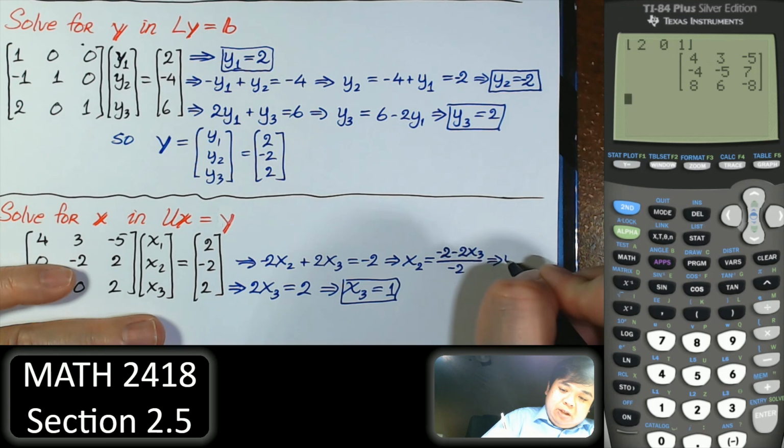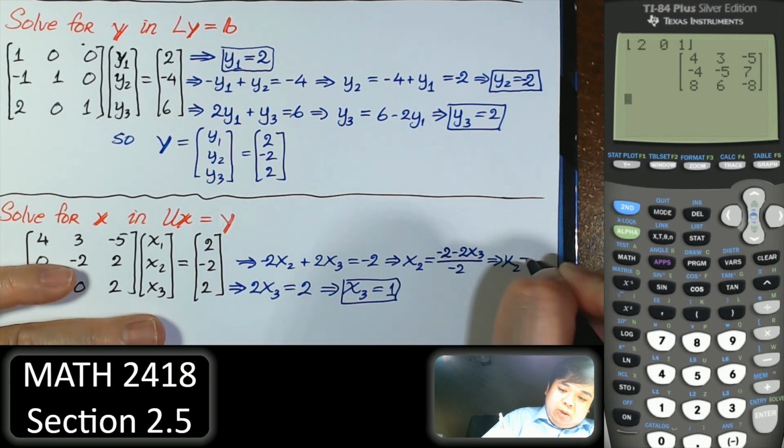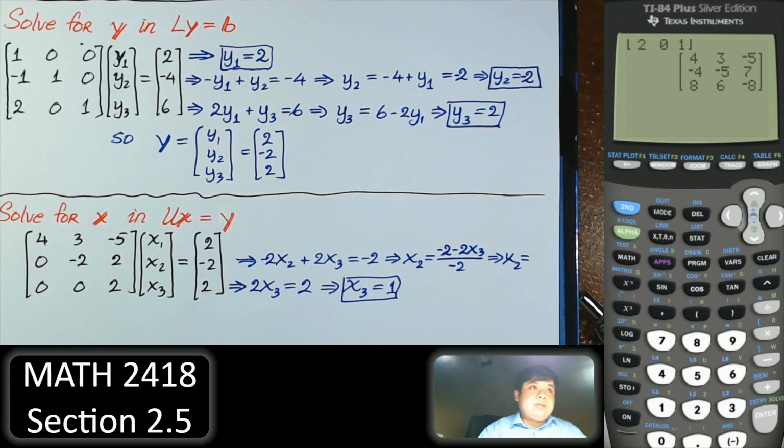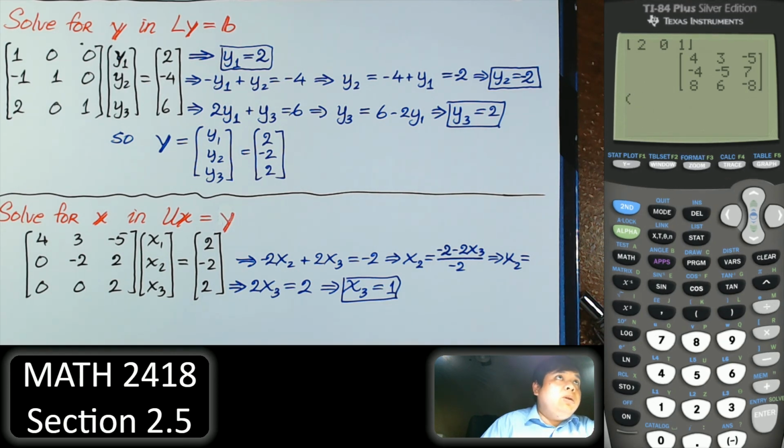So that step gives us x2 equal to negative 2 minus 2 times x3, which is 1, divided by negative 2. That's going to be 2.